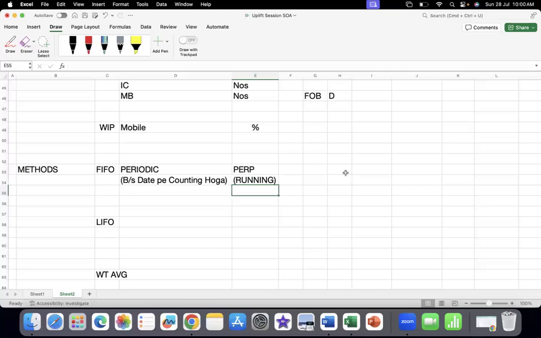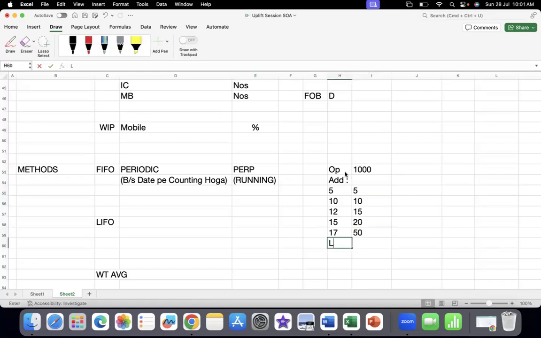So what I mean by that is, let's say the opening balance of your inventory was 1000. You added a few units on the dates 5, 10, 12, 14, 15, 17. These are the dates when you added the units, and the units are like 5, 10, 15, 20, and let's say 50.